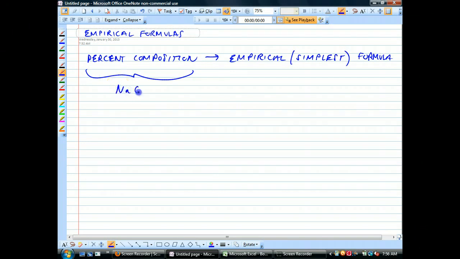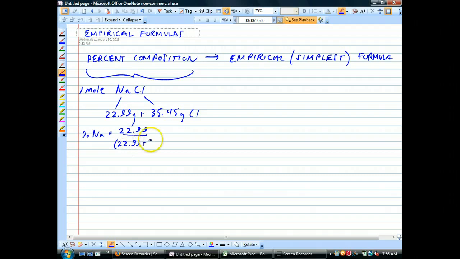If we have NaCl, for example, if we had 1 mole of NaCl, that means we have 22.99 grams of sodium and 35.45 grams of Cl. So the percent sodium would simply be 22.99 over the total, 22.99 plus 35.45, times 100%.